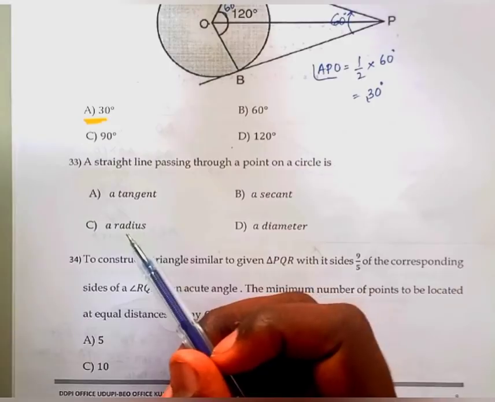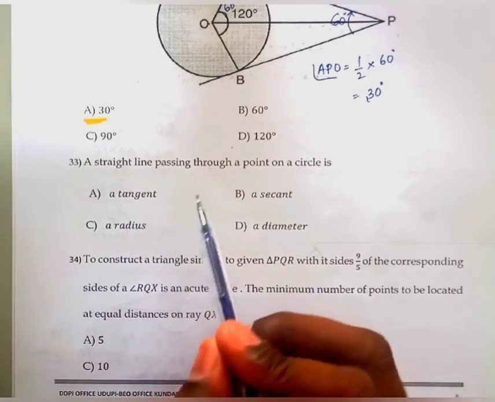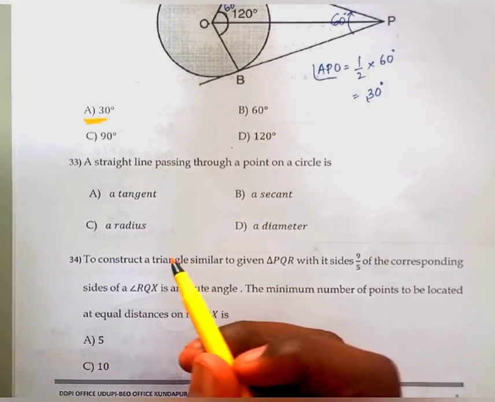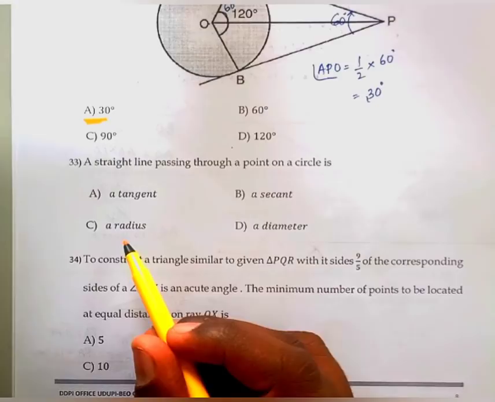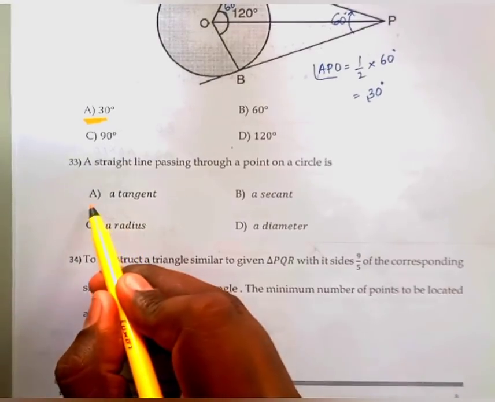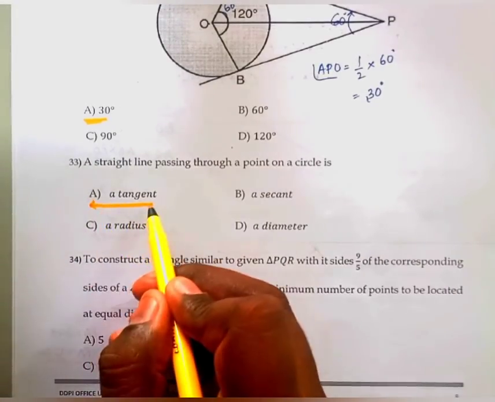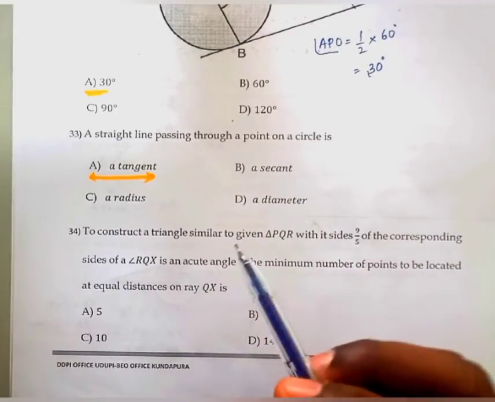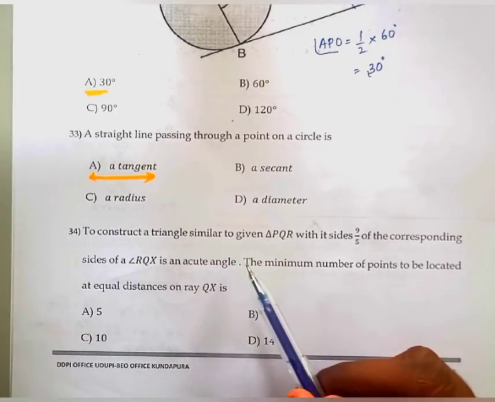Question number 33. A straight line passes to a point on the circle is. A tangent is a line passes to a point on the circle. Therefore, the correct answer is option A, tangent. A repeated concept in the same question paper. Now moving to question number 34.